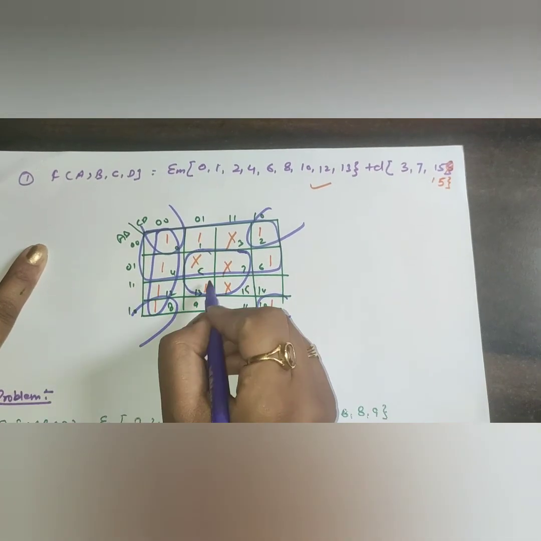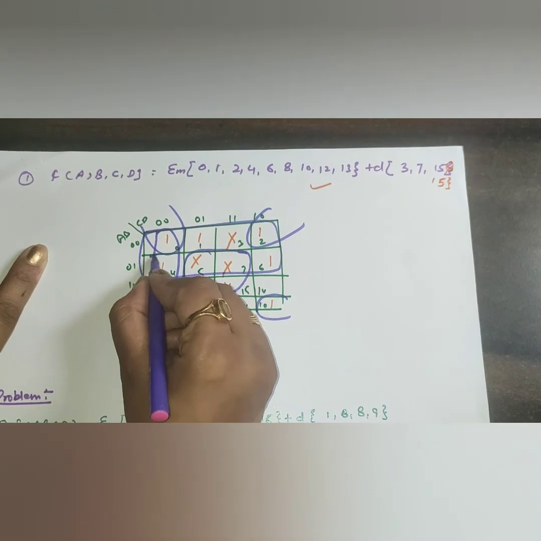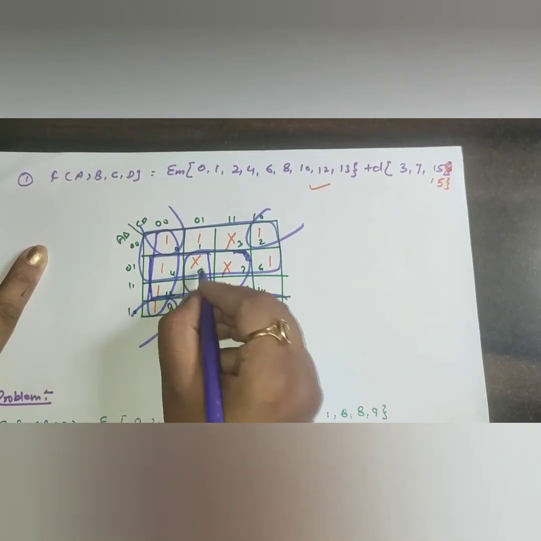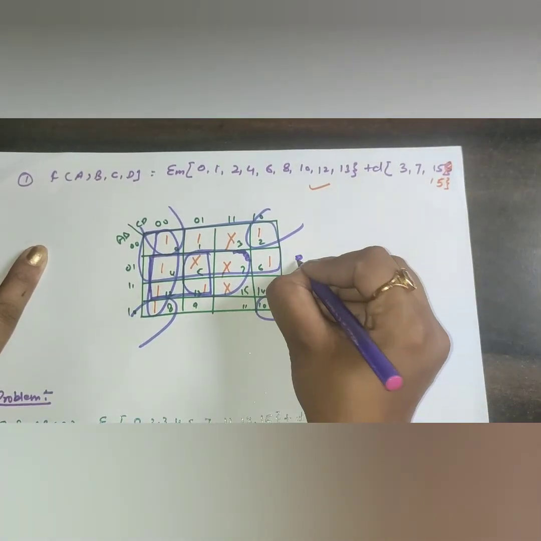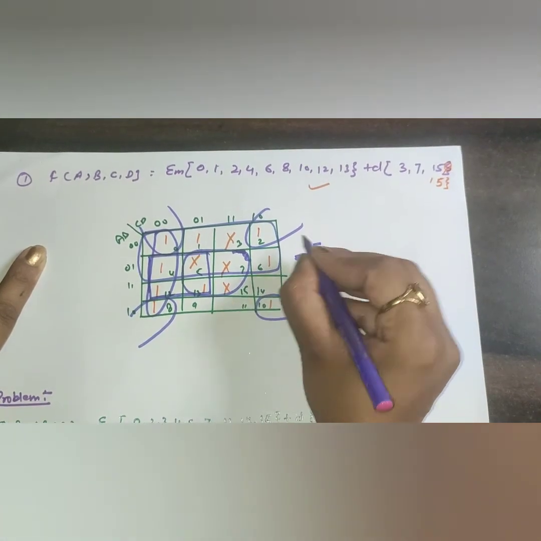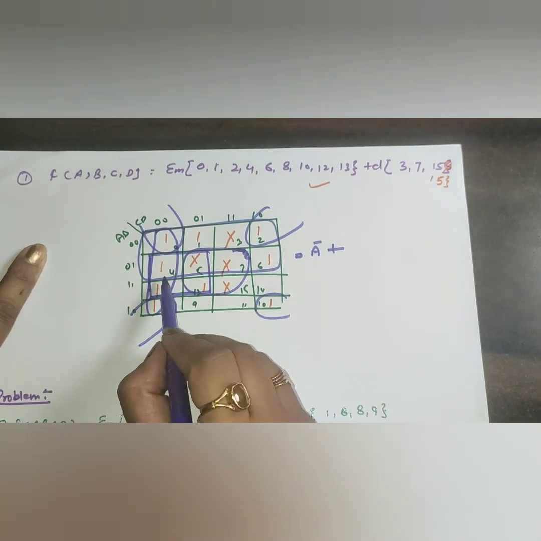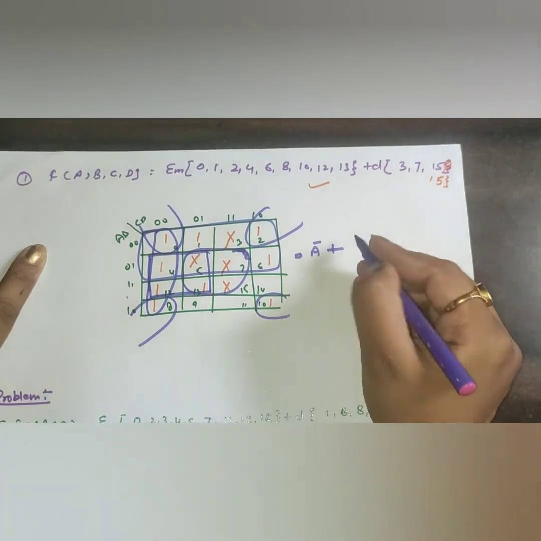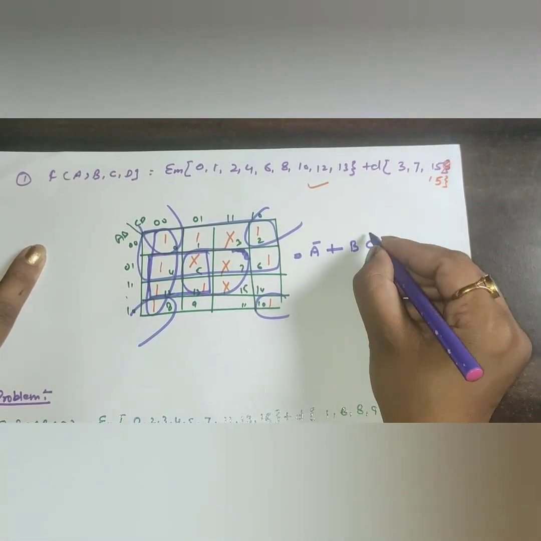Or we can make it like this also, you can make like this and this. But it will consider 3 don't care conditions, so we will consider this group. Now how can we write the equation? From here to here only A bar is there, and here to here CD bar will be eliminated. Now from there to there A will be B, and from here to here C bar will be there.